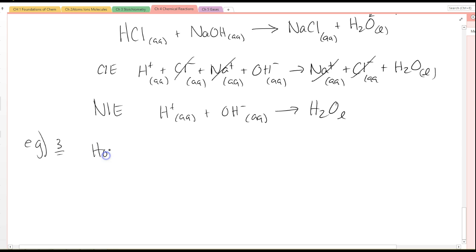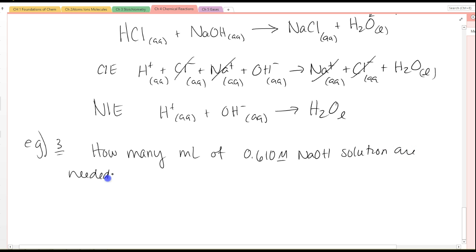The question is, how many milliliters of 0.610 molar sodium hydroxide solution are needed to neutralize 20 milliliters of 0.245 molar sulfuric acid.